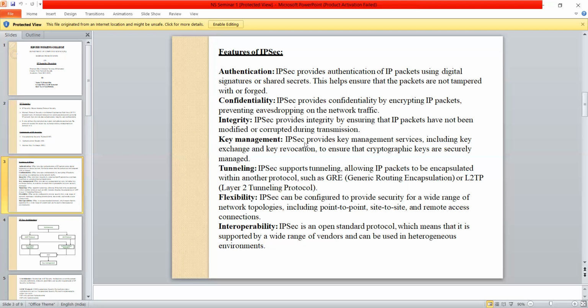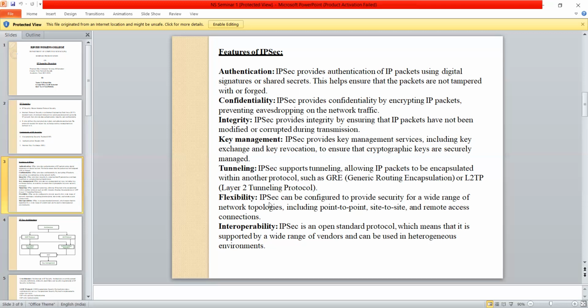Key management: IP security provides key management services, including key exchange and key revocation, to ensure that cryptographic keys are securely managed. Tunneling: IP security supports tunneling, allowing IP packets to be encapsulated within another protocol, such as GRE, Generic Routing Encapsulation, or L2TP, Layer 2 Tunneling Protocol.